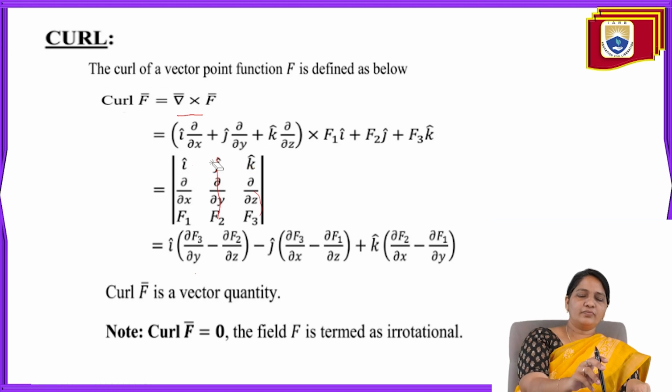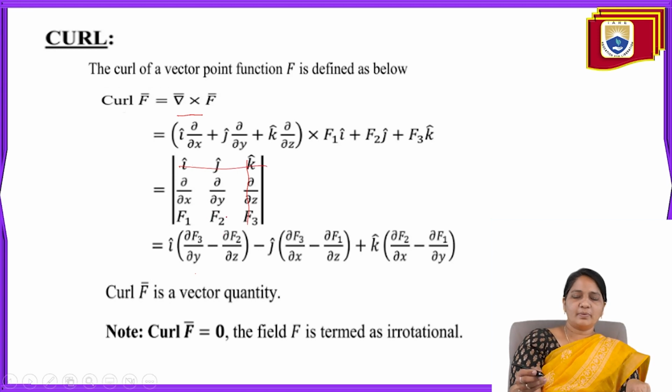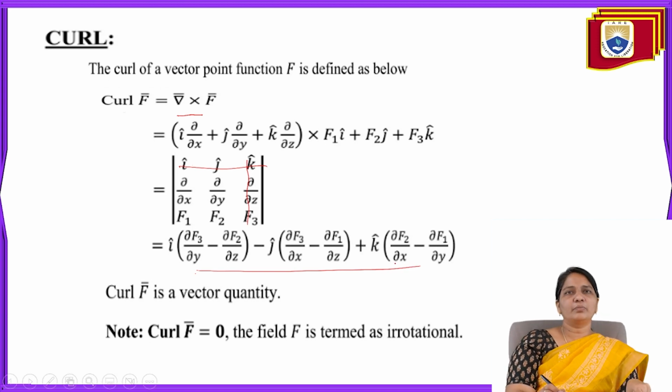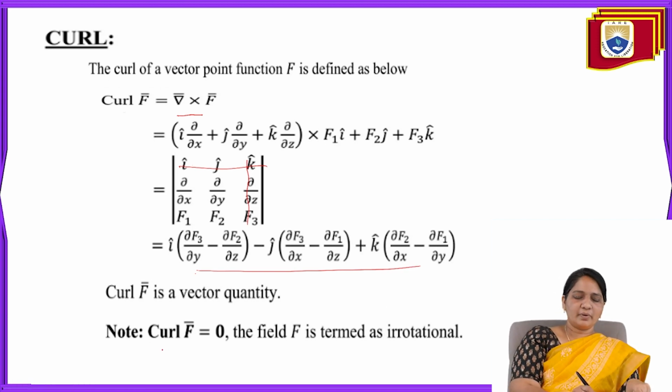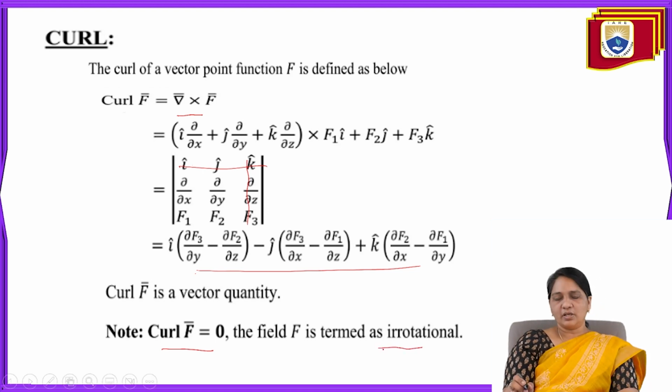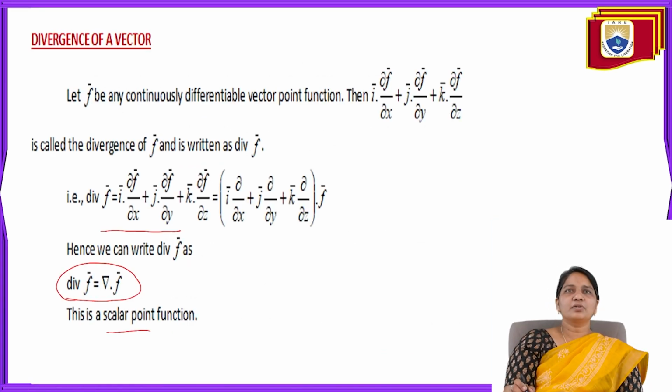Next, plus k, dou f2 by dou x minus dou f1 by dou y. So this is the formula, the determinant for the curl. If curl f bar equals 0, we can say that the function is irrotational. If divergence f bar equals 0, then we can say that the function is solenoidal.